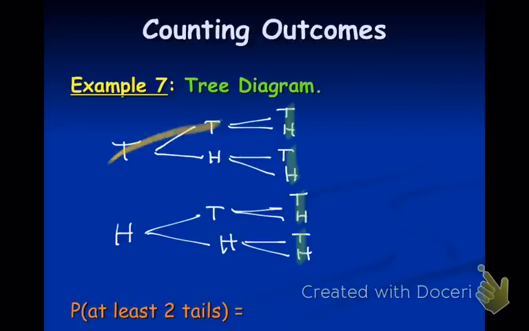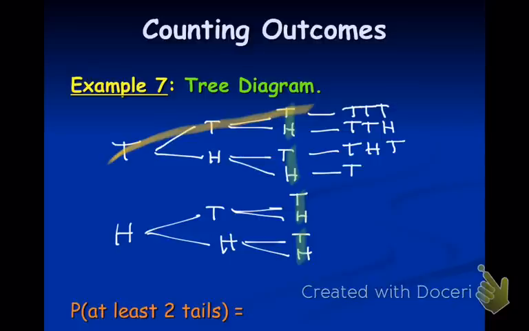The top one comes from these 3 right here, which is going to be 3 tails. The next one is going to come from 2 tails and a head. The next row is from tails, heads, tails. Tails, heads, heads. So I'm just going down the rows and looking at how it works.